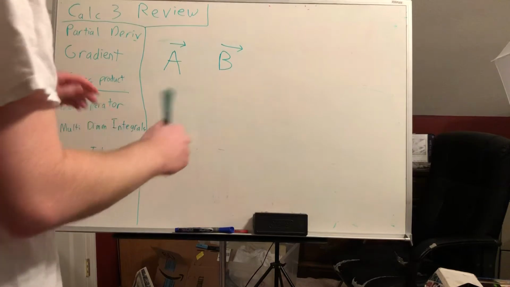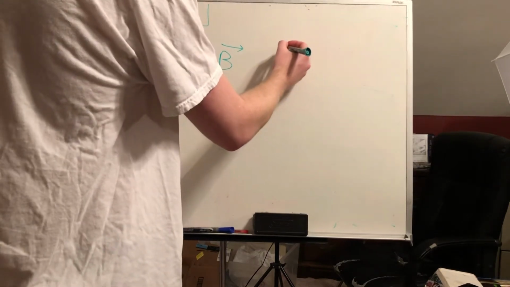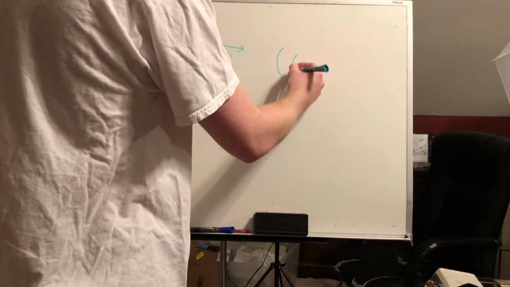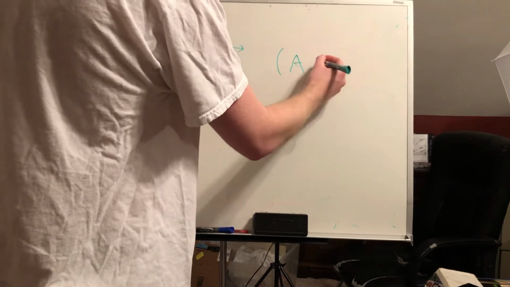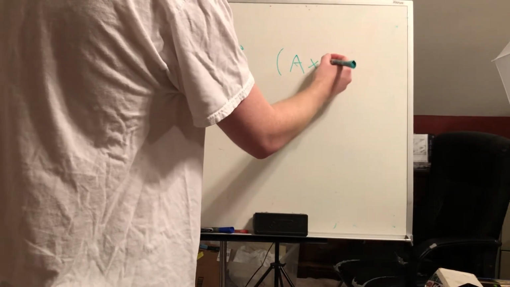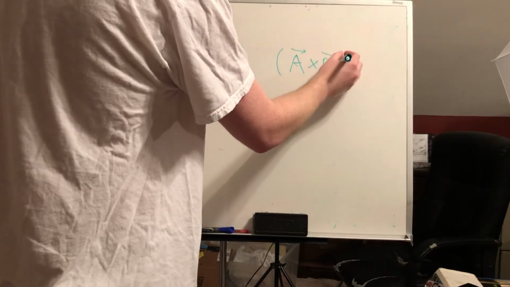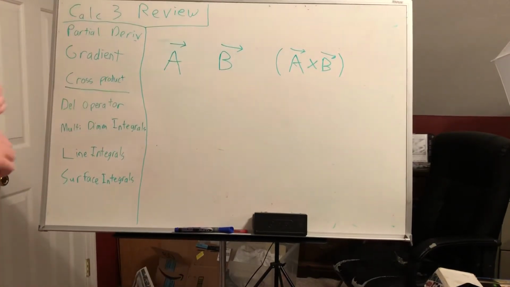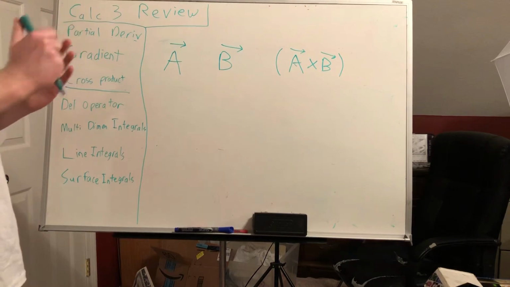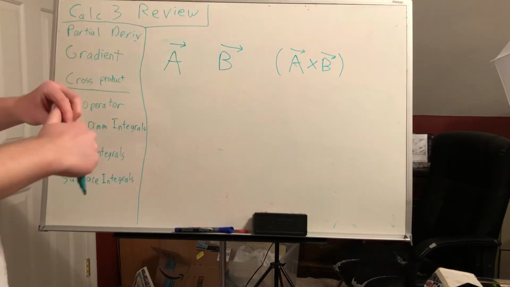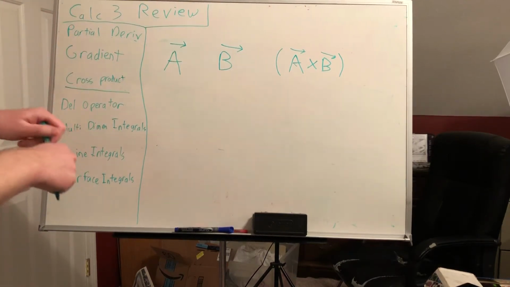And to get this vector, we want to take A cross B. So how do we find out what this value of A cross B is?